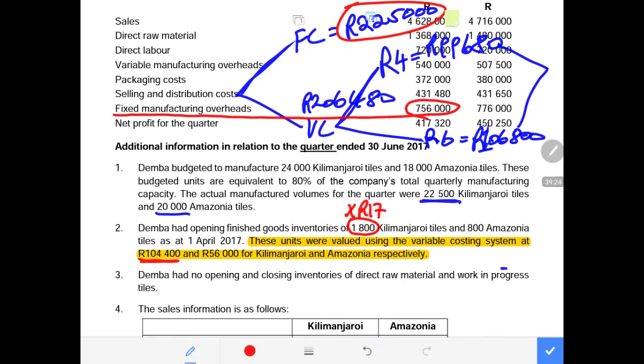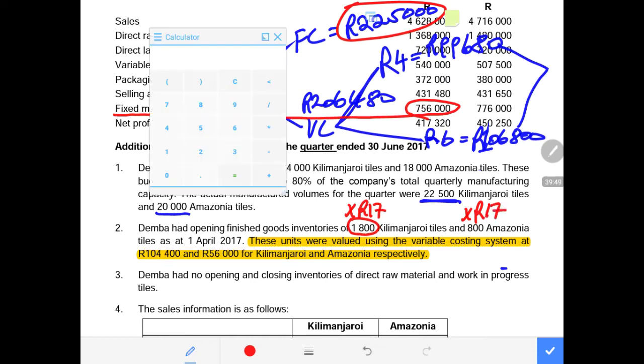Why must our opening inventory include fixed cost? Because the company is now using absorption costing, and absorption costing says fixed cost must be added in the calculation of the cost per unit. So now together with these 1,800 units, we multiply this by 17 rands.